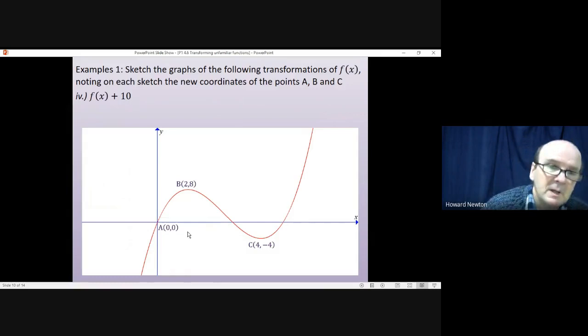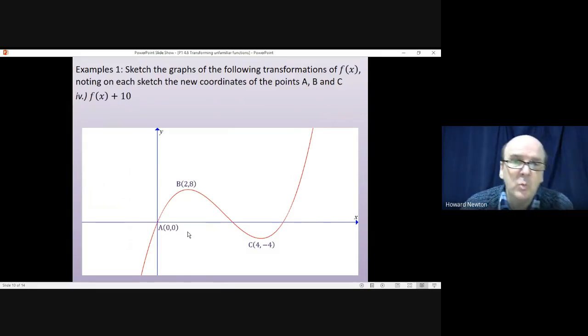The fourth question is a translation in the y direction. We're adding on 10 to the whole function. That means we're not going to distort the function like you do with a stretch. With a translation, it's still exactly the same shape. It's just going to move up or down, left or right. In this case, the whole graph is going to move upwards by 10 units.